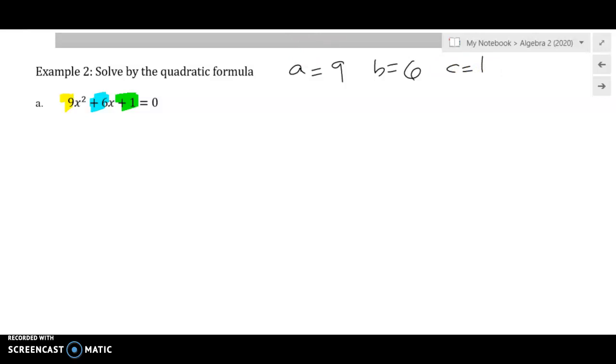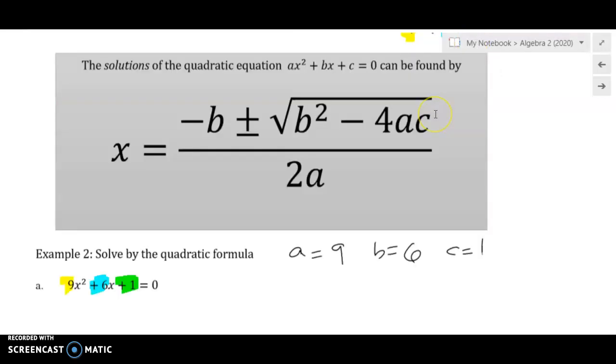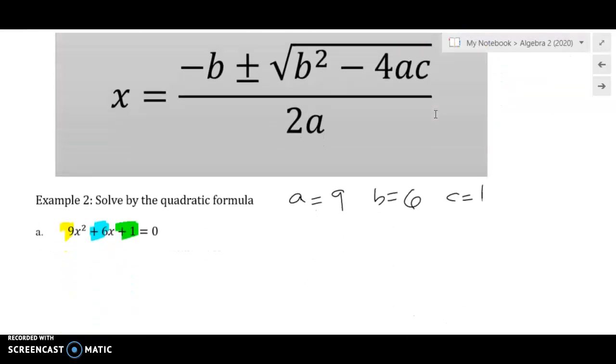When I use my quadratic formula, that is the formula right up top here. I'm just going to be copying this down. So I'm going to start with x equals. I have negative b, so I start with a negative sign, and then I put my b value, which is 6. Then I have the plus or minus symbol in this large square root. Underneath the square root, I have b squared.